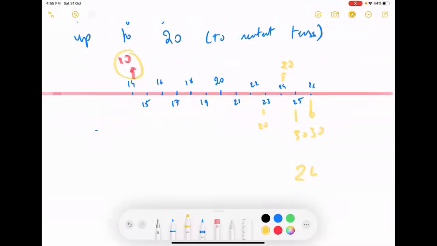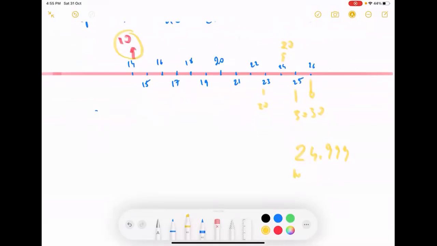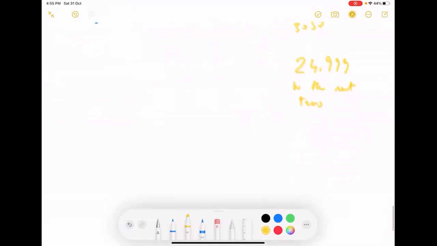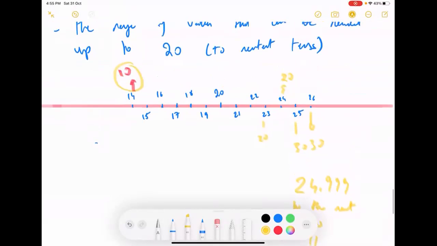What about 24.999 to the nearest tens? What will be the answer? 20. Okay, good. So we would take anything smaller than 25, anything from here moving up to 15.